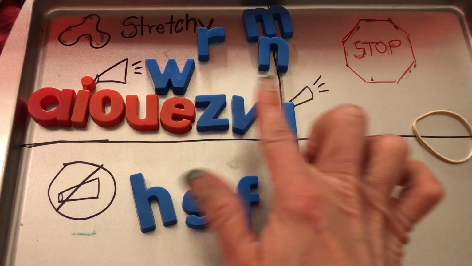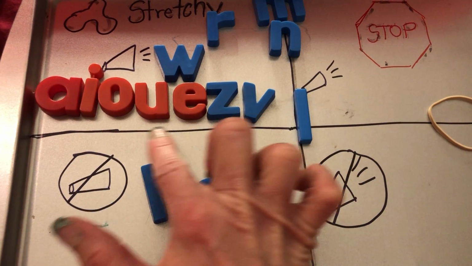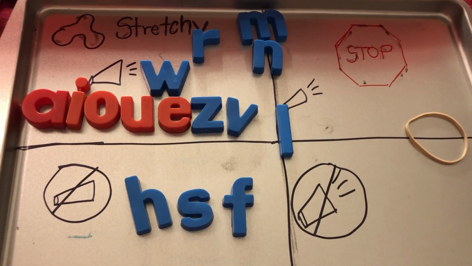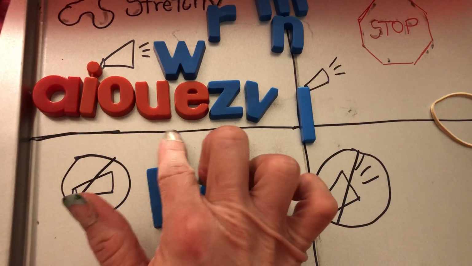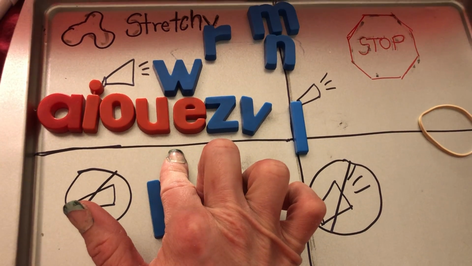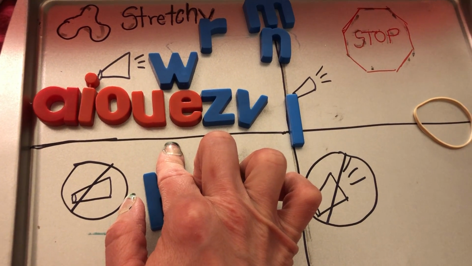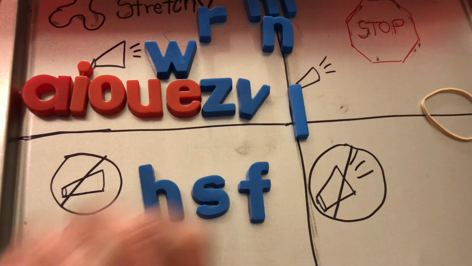Okay, we know that the blue letters so far are the consonants, and the red letters right here are the vowels. And we talked about the difference between the vowels and the consonants. Vowels have more than one sound. They have short sounds or long sounds, and sometimes they even have unusual sounds, which we will talk about a little bit later on.